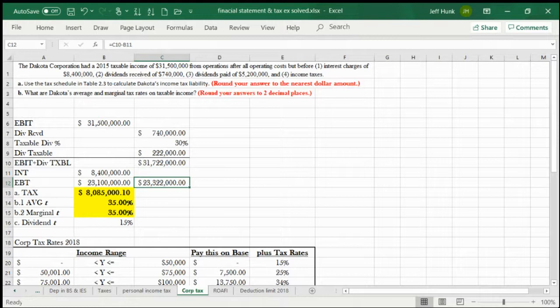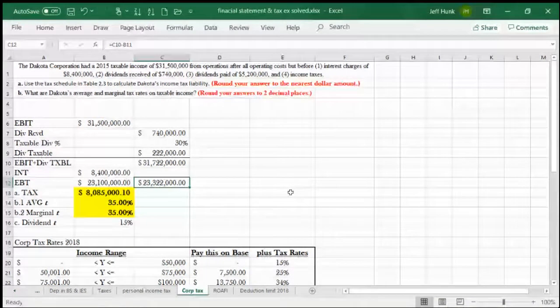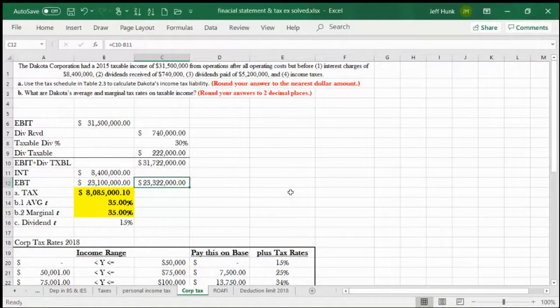Remember, dividends are taxed at a different rate, depending on your marginal tax rate. It also applies to corporations. But no matter what, dividends will be taxed only at 12% or 15%.